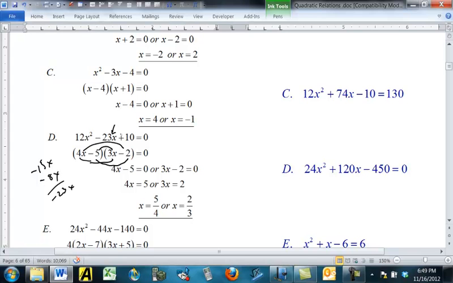Okay, that's good news because that's what it's supposed to be. So if we can get it factored, then we can solve it, because now each factor we set equal to 0. And then these are linear equations, pretty easy to solve. Add 5 to both sides, divide by 4. x is 5/4. Here we add 2 to both sides, divide by 3. x is 2/3. So these are our possibilities there.